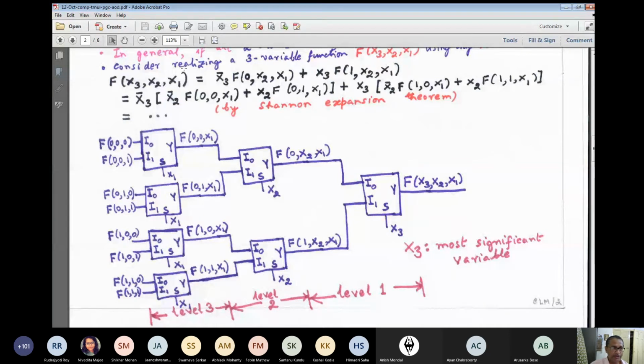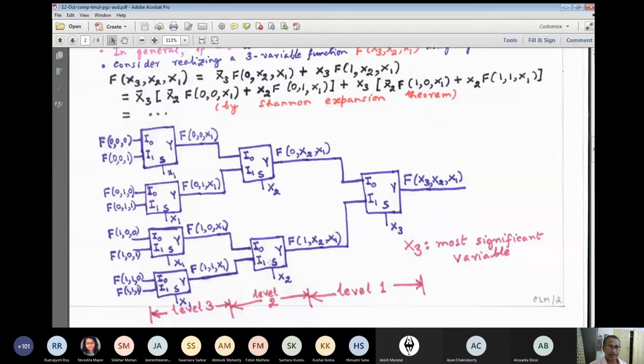Okay, so x2 is taking the value 0, then f0, 0, x1 will come here, and f0, 1, x1 will be appearing here. Okay, and this part corresponds to this particular multiplexer. Oh, sorry, that means x2 is applied as the select input. If when x2 takes the value 0, then this coefficient should be propagated to the output. So that corresponds to f1, 0, x1. What do we mean by that?